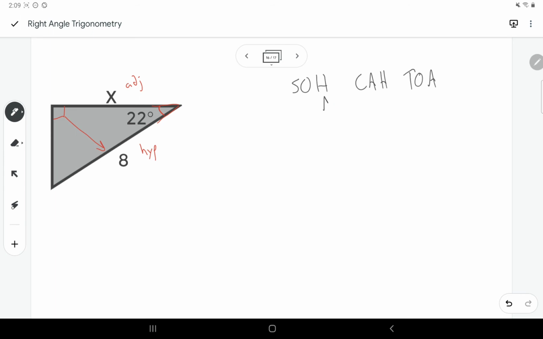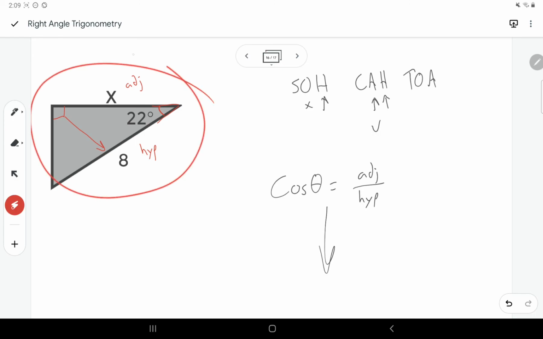Sine has the hypotenuse, but not the adjacent. Cosine has adjacent and hypotenuse. Awesome, it's got both. We can stop there. Okay, then we do cos of theta equals adjacent over hypotenuse, and then we'd sub in and continue on from there. But we now know that this one must be cosine. You notice this time I didn't label the third side.